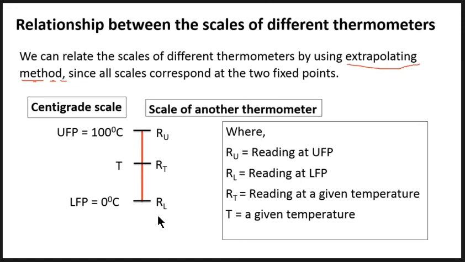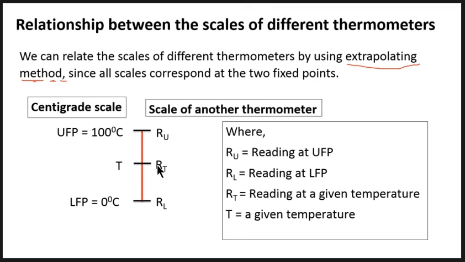On the other hand, at the upper fixed point I have RU, which means reading at upper fixed point, and here I have RL, which means reading at lower fixed point of this particular scale.